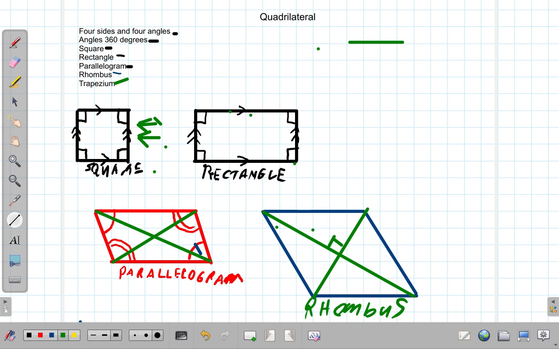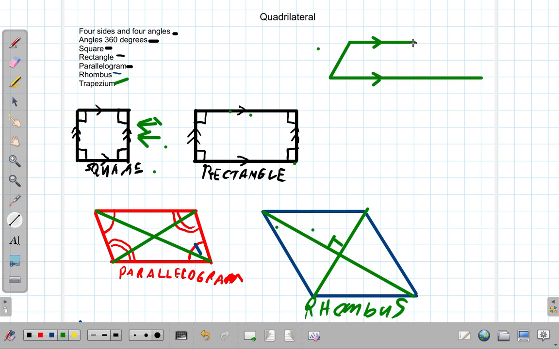You might find a trapezium looking somewhat like this, so that this side, let me do that again. I accidentally deleted part of my side down here. So you have this side parallel to this side.